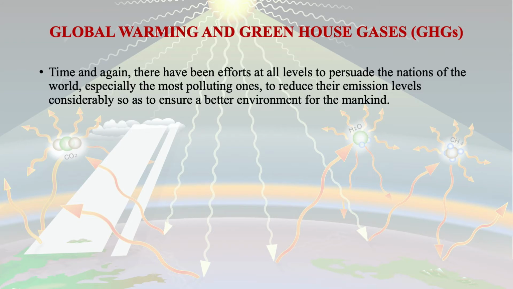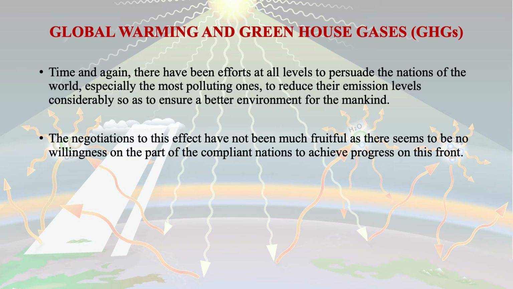Time and again, there have been efforts at all levels to persuade the nations of the world, especially the most polluting ones, to reduce their emission levels considerably so as to ensure a better environment for mankind. The negotiations to this effect have not been much fruitful, as there seems to be no willingness on the part of the compliant nations to achieve progress on this front.